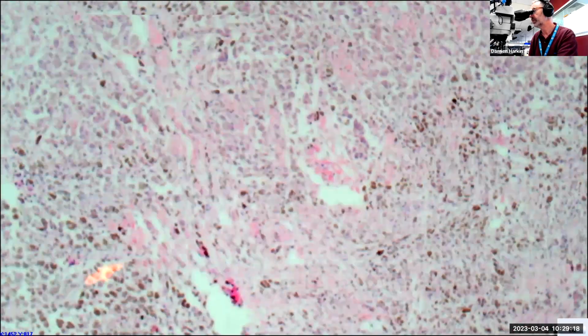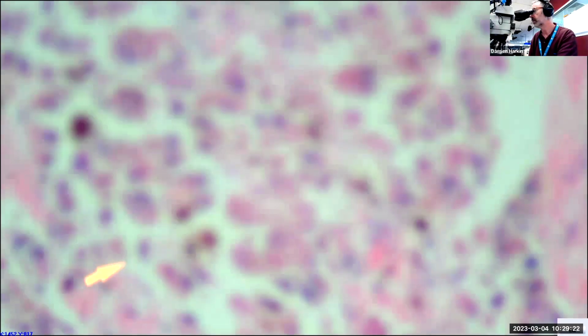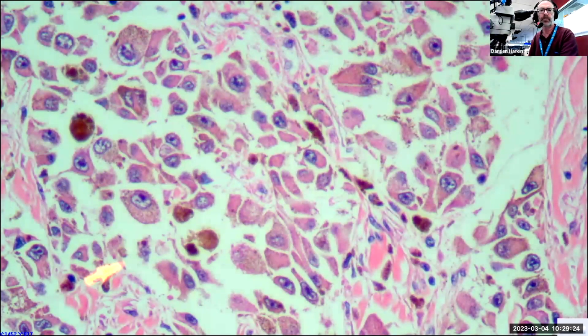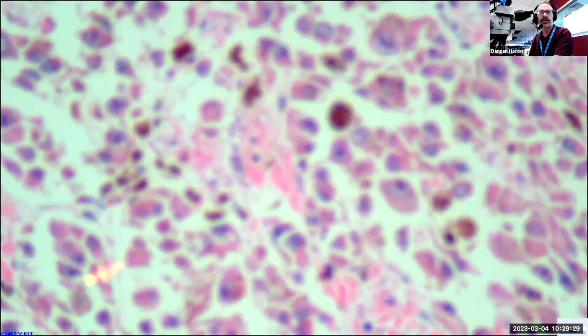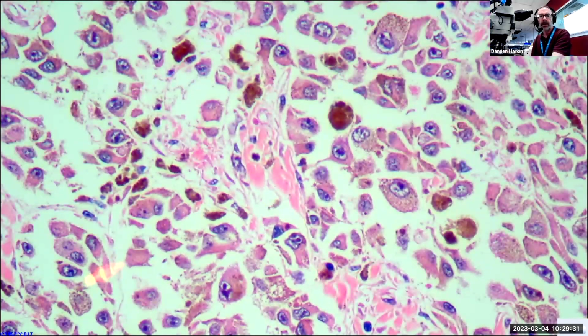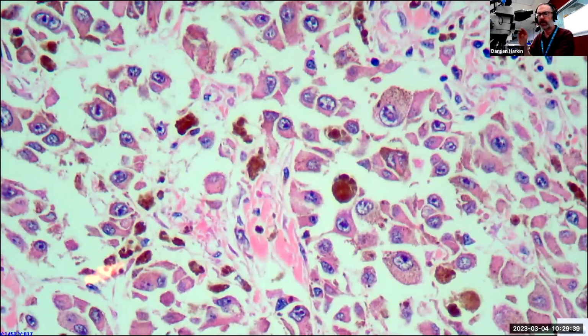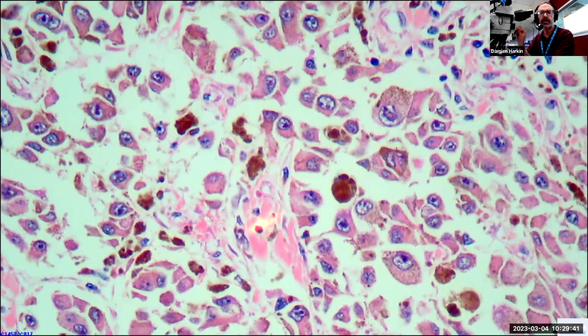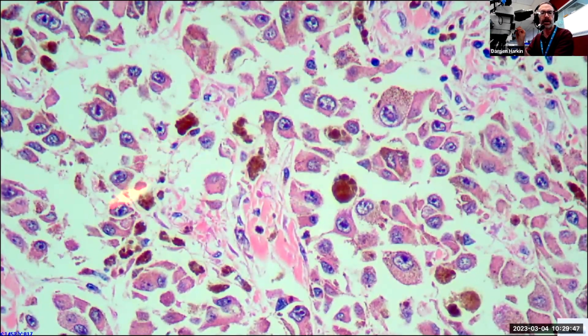But what we can see, especially if we go to a higher power now, and that was probably my issue before, my apologies. I'll turn the light up there again. Okay, so you can see now in this area, there are some very unusual looking cells. They certainly don't look normal. And many of them have this prominent yellow-brown accumulation within the cytoplasm.